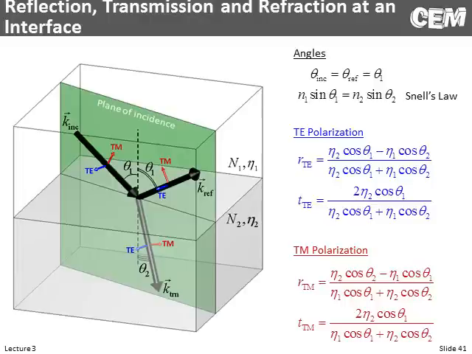But what's interesting is what appears in these equations. So we're talking about the reflection and transmission for TE polarization. We see the material impedances are there. And we also see that the angles are there. So the amount that the wave gets reflected changes with angle of incidence. And you saw that from the movies.